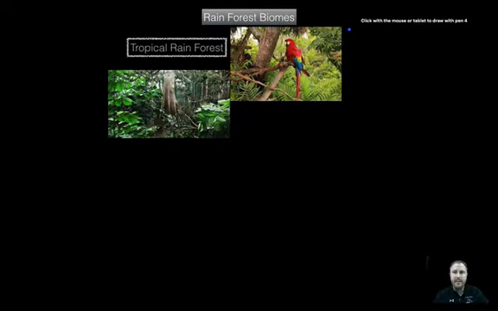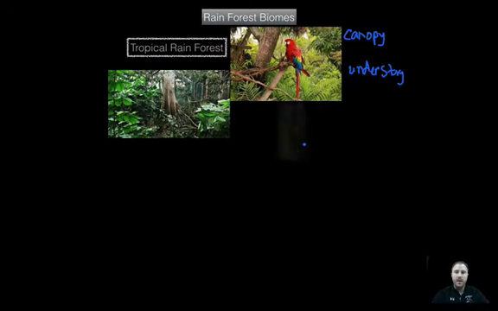The top part is what is known as the canopy, and along the middle area, the shorter trees and the vines are called the understory. We can break that down because of the large amount of plant life that exists there. And so the rainforest is found mostly near the equator.